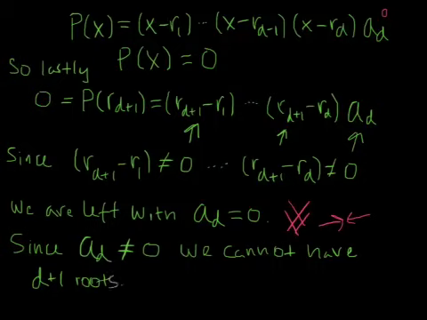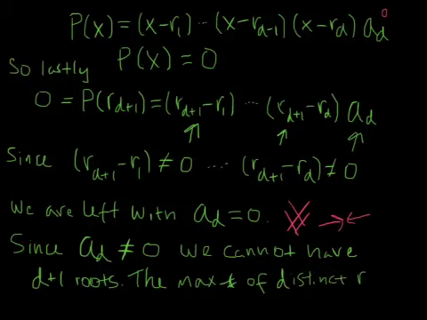What is the maximum number we can have? The maximum number of distinct roots is d. I'm going to squeeze that in at the bottom. Is d. And so there we are.